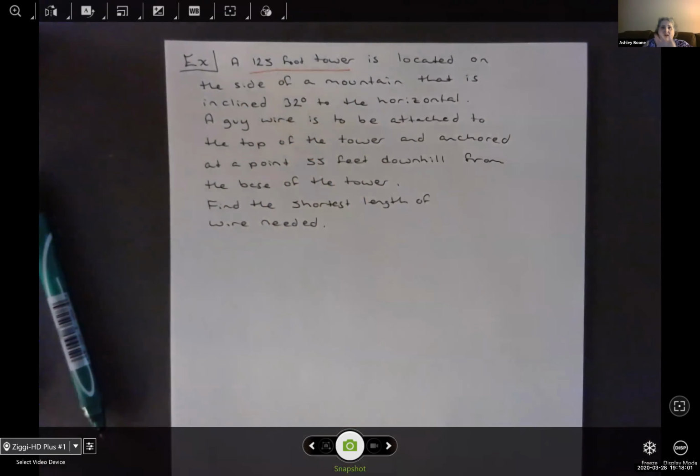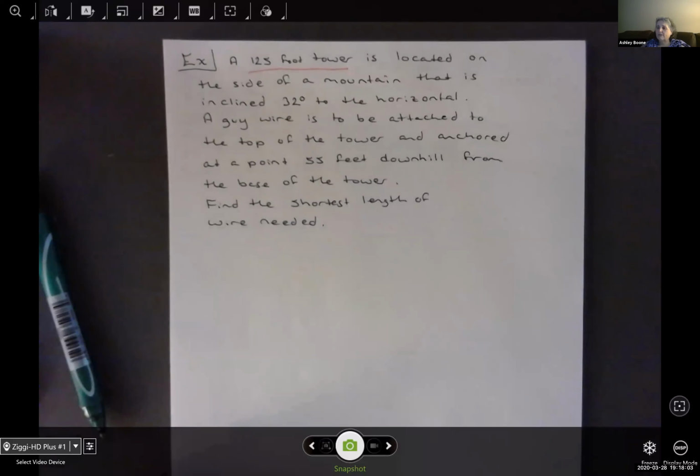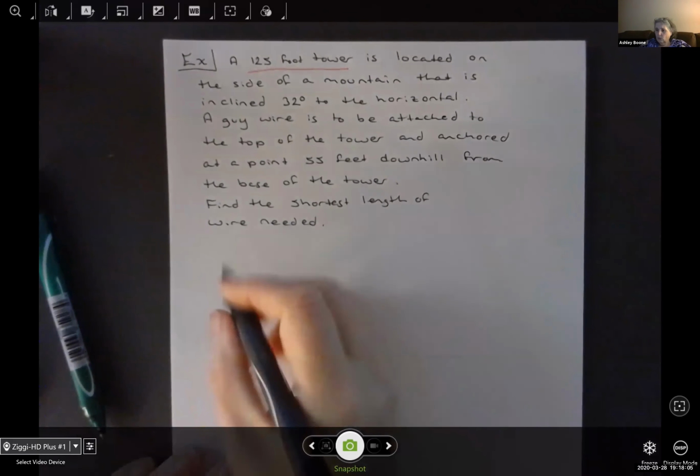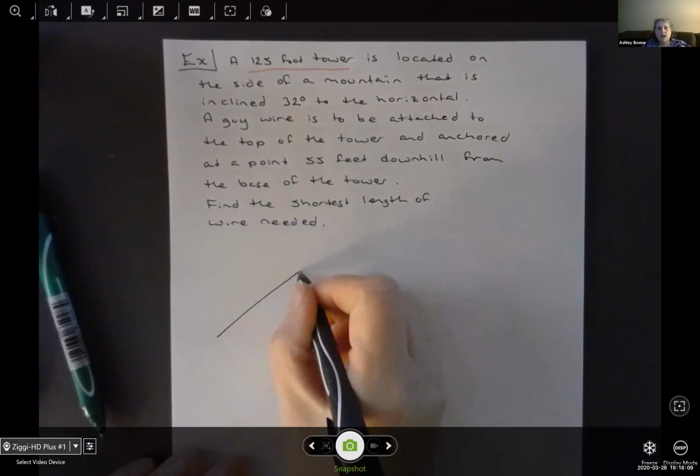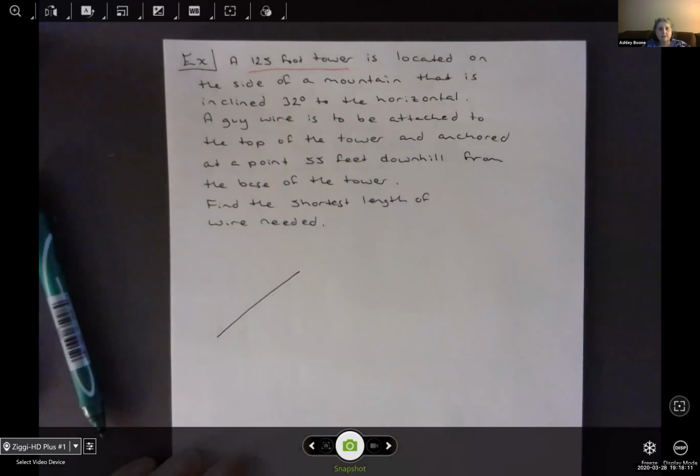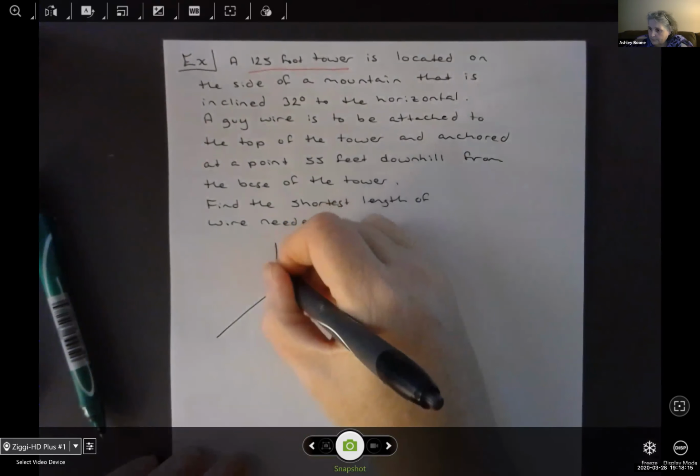So let's sketch out the situation that we have here. We have a hill like this. And somewhere on the side of this mountain, we have a 125-foot tower.